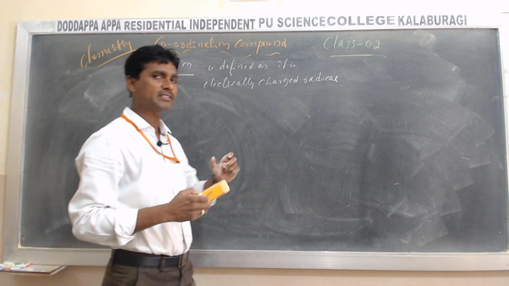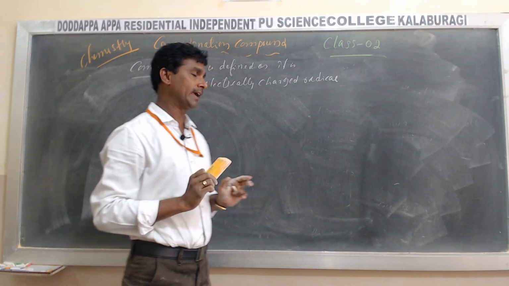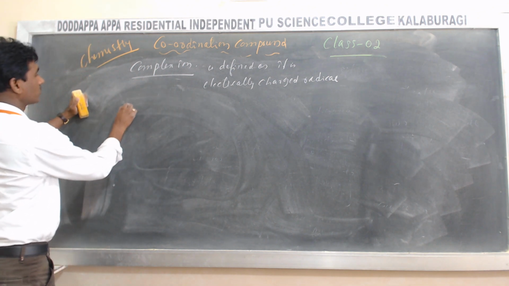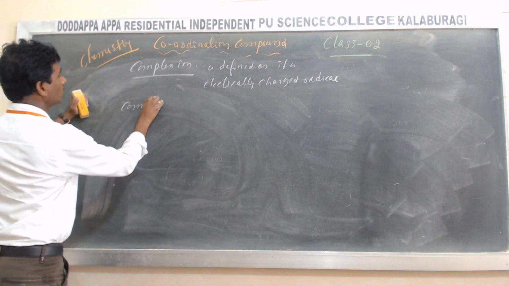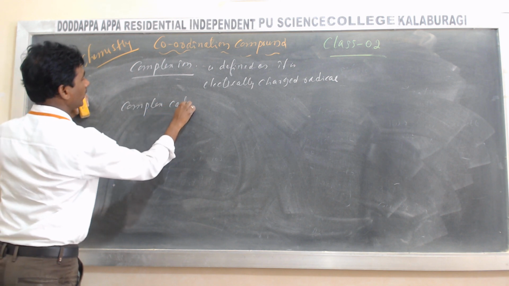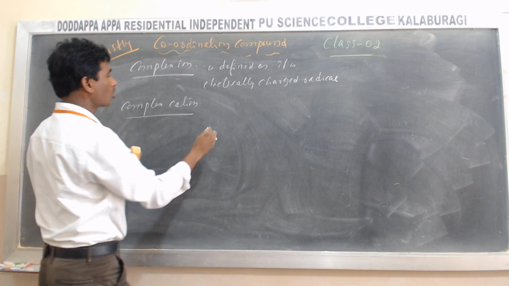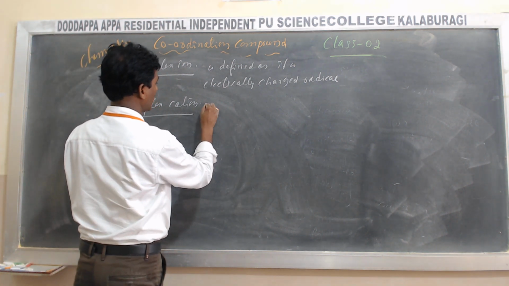Electrically charged radical means either positive charge or negative charge. On the basis of this charge, there are two types of ions. One is complex cation. What is this complex cation? The complex ion having a positive charge.